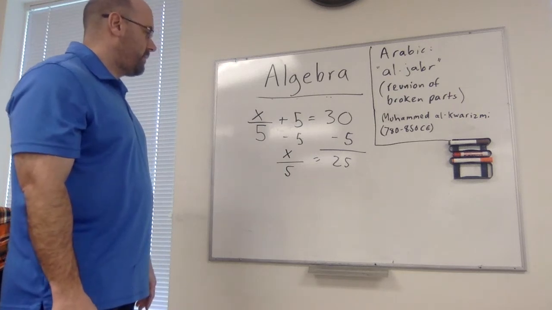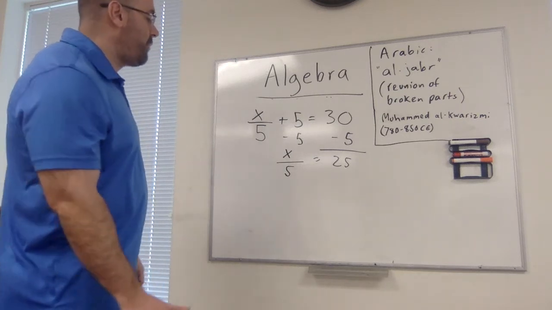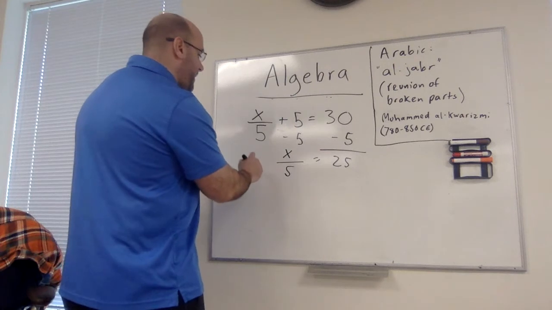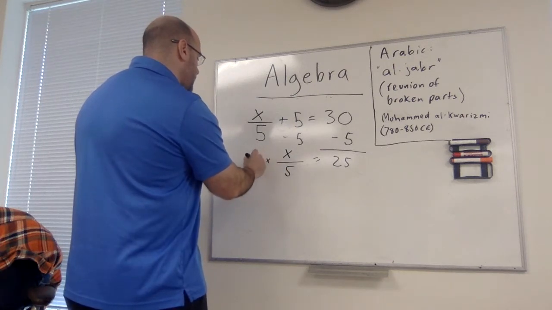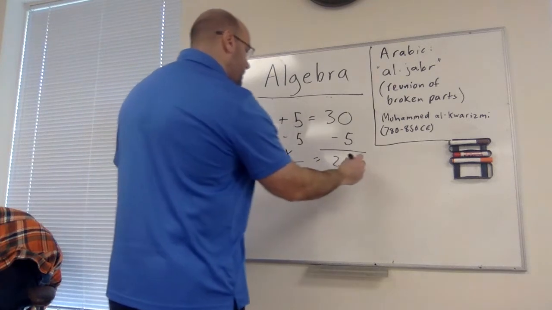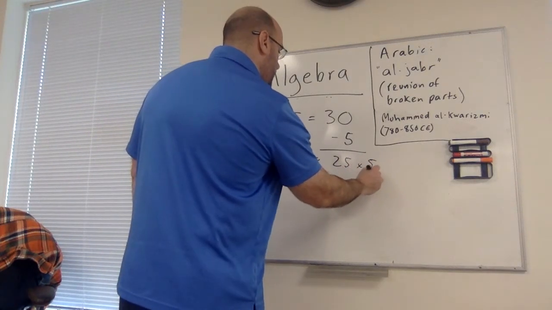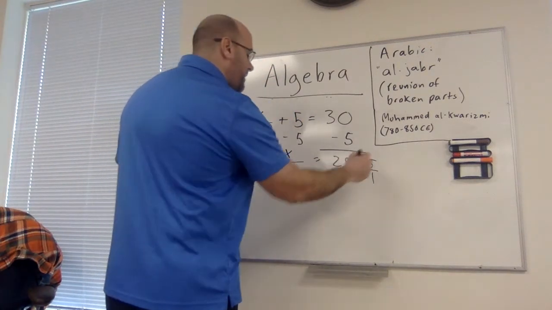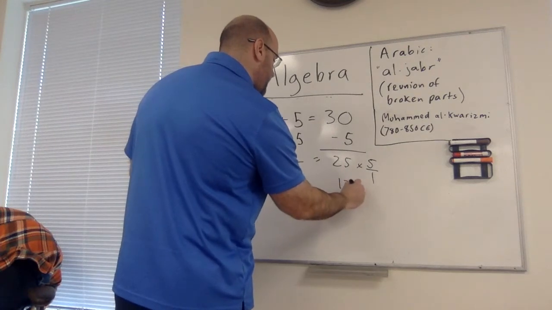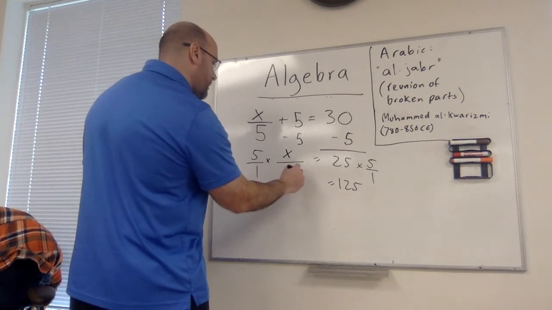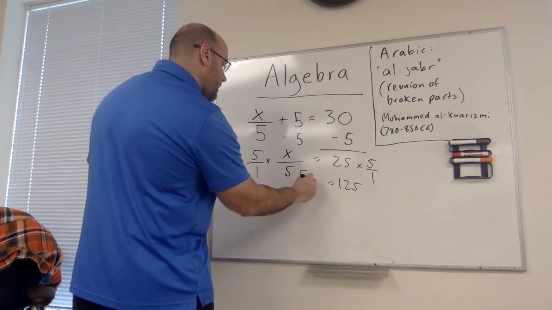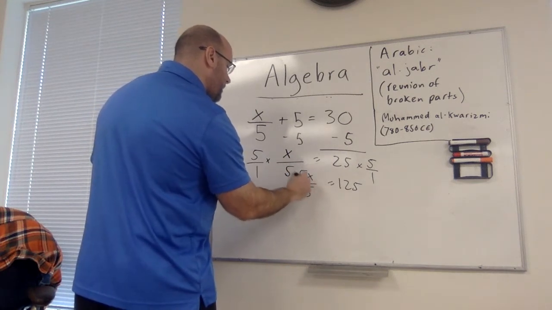Well, let's go ahead and multiply by 5 here, okay? 5 over 1, okay? And 25 times 5 is 125 equals 5x over 5, okay?